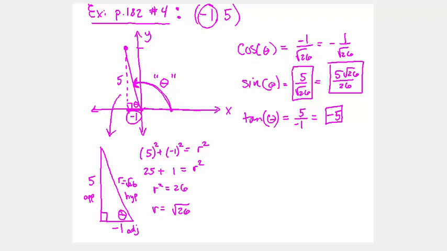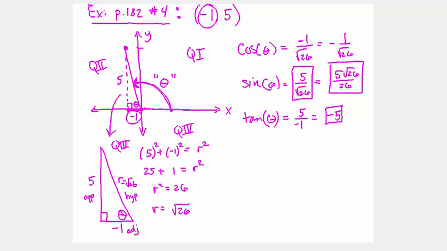Recall, sine, cosine, and tangent all have different positive or negative values depending on which quadrant you're in. So quadrant 1, quadrant 2, quadrant 3, and quadrant 4 should tell you something about the signs of sine, cosine, and tangent, and those should match up.